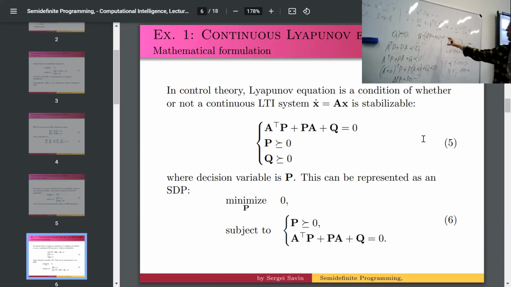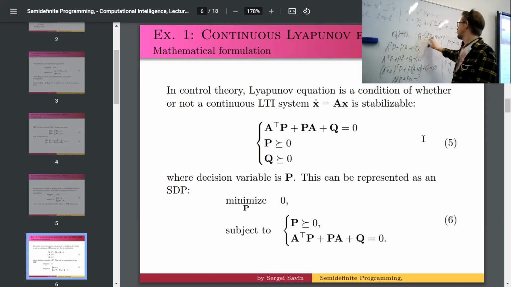This does make a lot of sense because this guy doesn't have to be semi-definite at all. It can be not symmetric, but the non-symmetric part plays no role in quadratic forms. The non-symmetric part goes away; it always becomes 0.